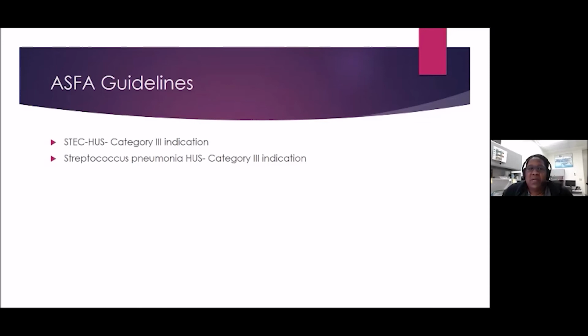You may not though. It's a category 3 indication if it's due to Shiga toxin producing E. coli. If HUS is due to strep pneumo, it's also a category 3 indication. So you can do TPE for HUS. I wouldn't recommend it because generally supportive therapy is what's used for these patients.